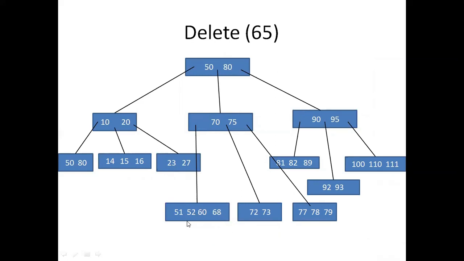So one important thing is that while merging, the parent also will be merged between those two key values. This is the result of the case where both left and right siblings have the minimum number of keys.